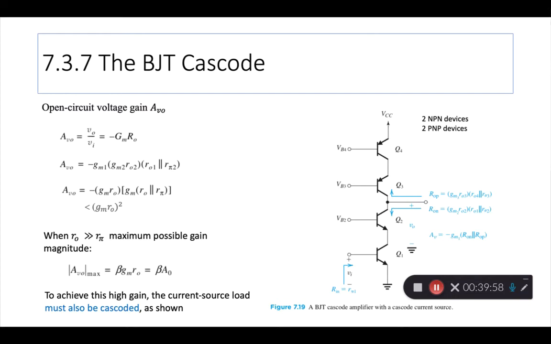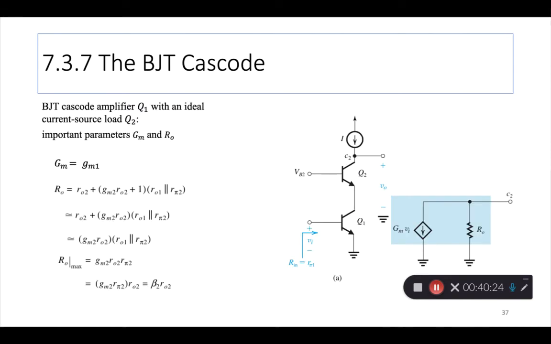So you take the original intrinsic gain, GM RO, multiply that by beta, and that is the maximum gain you can get. To achieve this high gain though, the current source load must be cascoded as shown. Okay? So that is important to understand.